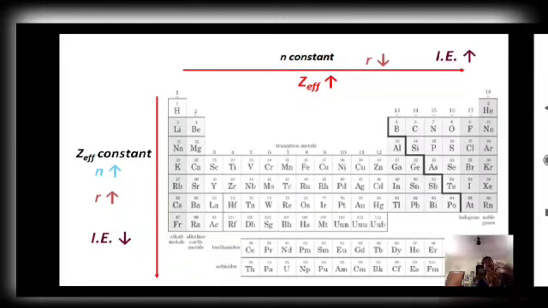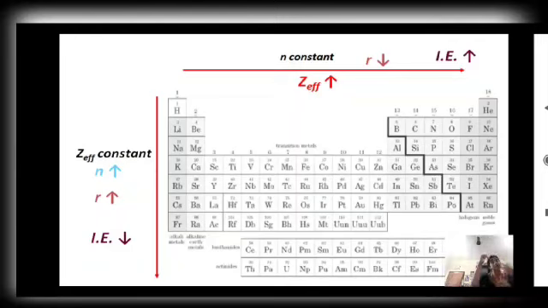And what is the reason for the decrease of the ionization energy as we move down the periodic table? This can be very logically explained by the shielding effect. As I said, shielding means an increment in the number of orbits. As we go from the first period to the second period, the number of orbits increases.